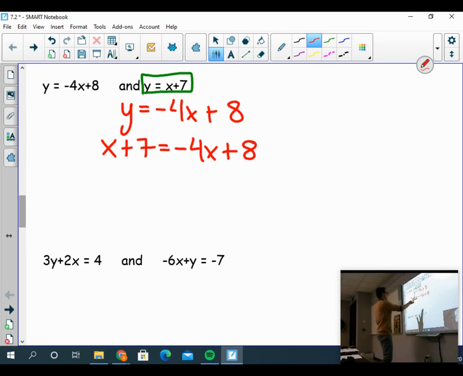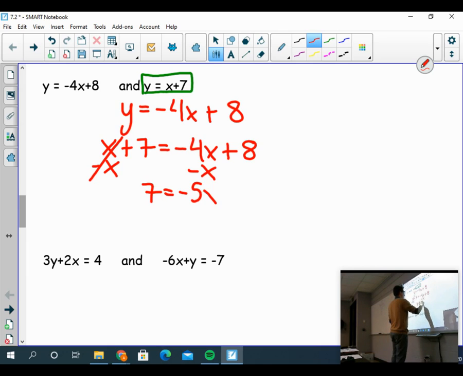Okay, now that my equation is in one variable, I'm going to try and get that variable by itself. I'm going to get all the x's on one side, all the constants on the other. So I will subtract x from both sides, and I get 7 equals negative 5x plus 8.